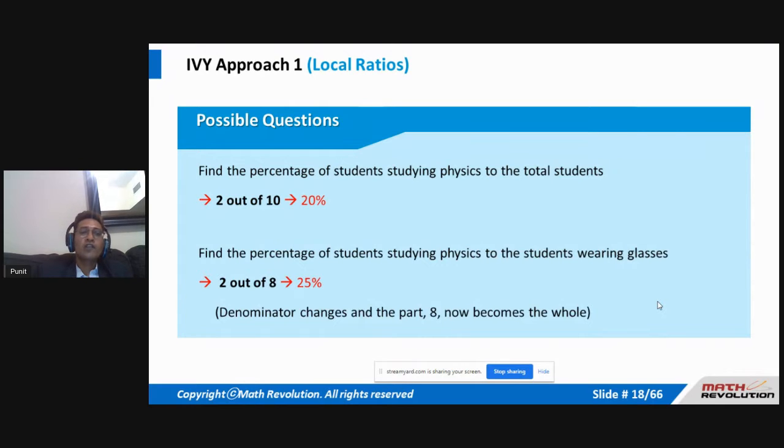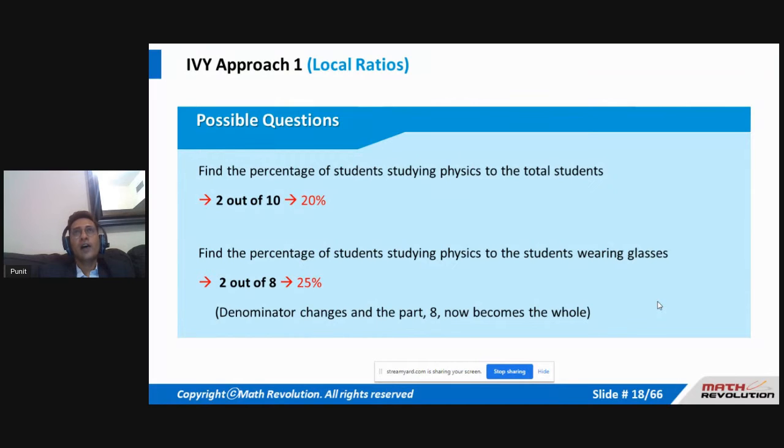But now think about the question: find the percentage of students who are studying physics to the students wearing glasses. Now they're not talking about the total students, so 10 is out of the picture.